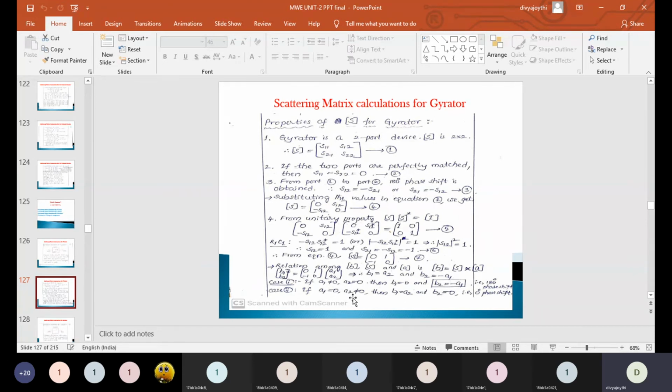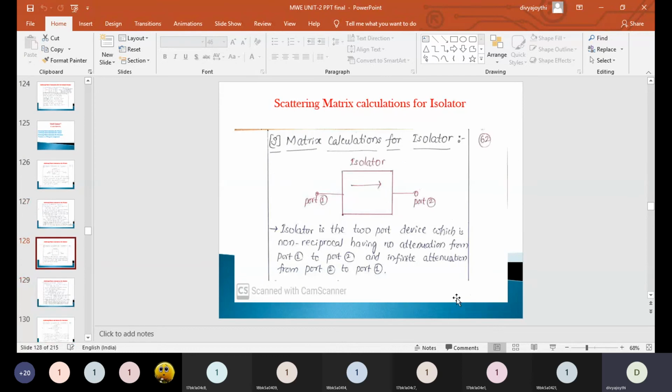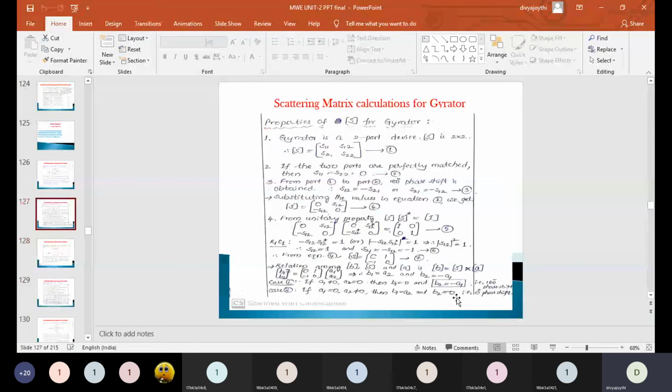And when you provide input to A2, that is the wave transferring from the second port to the first port, there won't be any phase shift. To represent that, here B1 is equal to A2. Minus indicates a phase shift of 180 degrees, and as there is no minus, there is no phase difference when the wave is traveling from 2 to 1. So this is about the scattering matrix calculation for the gyrator.